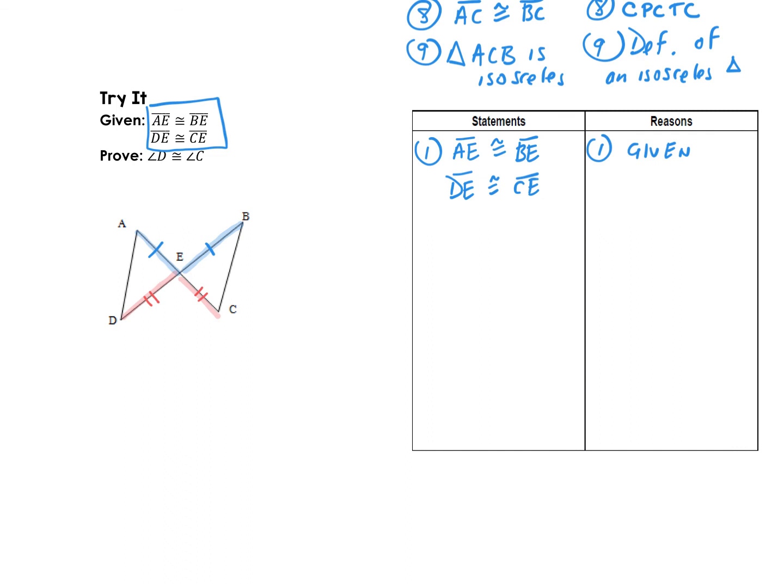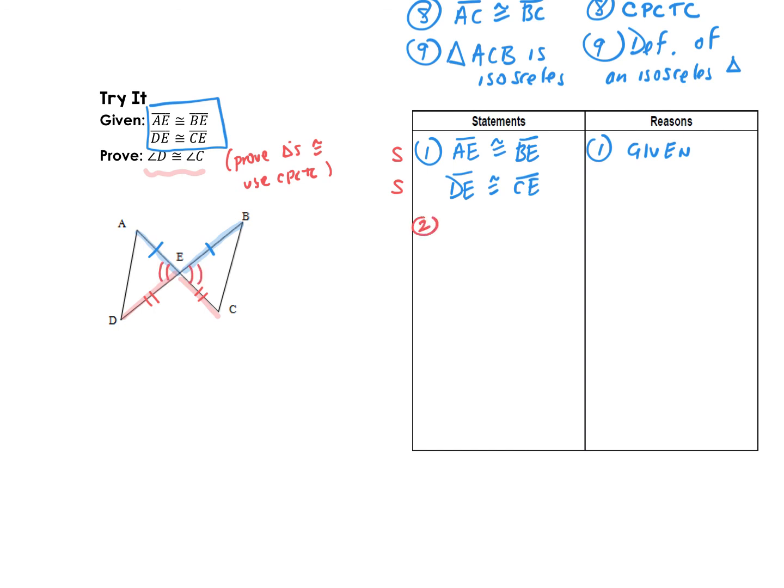Okay, we are trying to prove angle D congruent to angle C, so we want to prove the triangles congruent first, and then use CPCTC, okay? So this gives us one pair of sides, this gives us another pair of sides, and hopefully you can jump right in here and mark these vertical angles congruent.